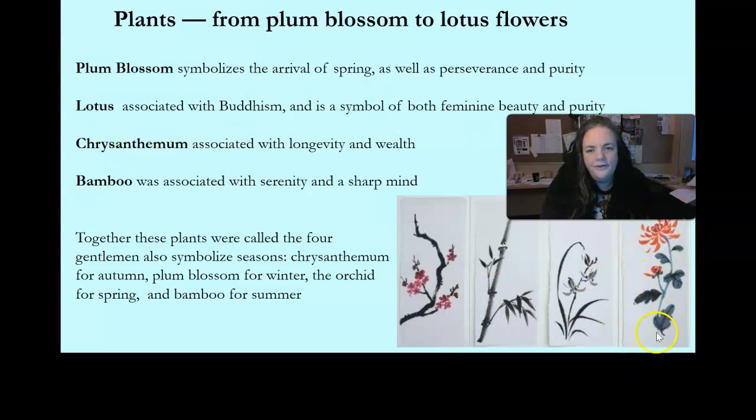Chrysanthemums are a symbol of longevity and wealth. Bamboo, with a sharp mind. Oh, there actually is no lotus in here. Sorry. Chrysanthemum, bamboo, plum blossom, and orchid are these. But bamboo is associated with scholars and serenity. Together, these four plants at the bottom were called the four gentlemen, and they also symbolize the seasons, right?